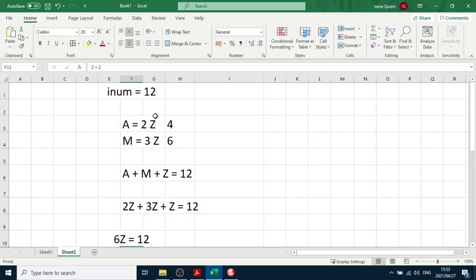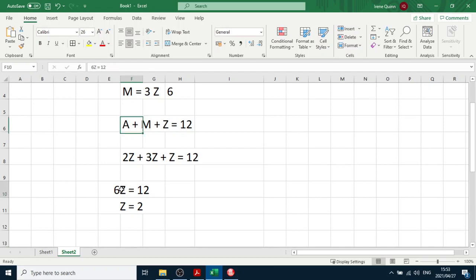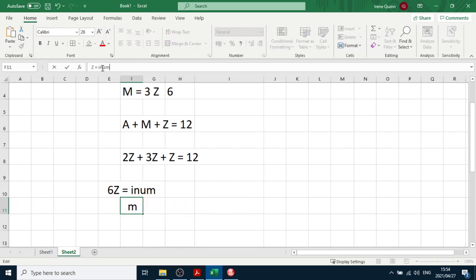We don't know what the number is. This could be any number. So 6Z will be equal to inum, won't it? And then Z will be equal to inum divided by 6.